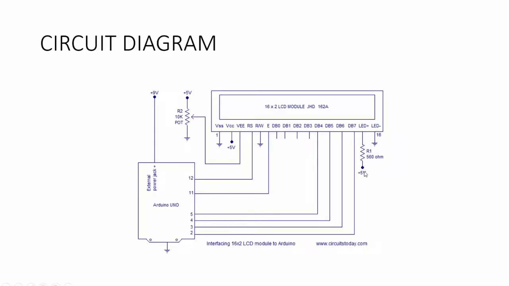The LED plus is connected through one resistor to 5 volt, and the LED minus pin is connected to the ground. The circuit connections of the Arduino and LCD module are done. Now let's move to the software part: how to write the code and upload it to the Arduino, and how to display on the board.